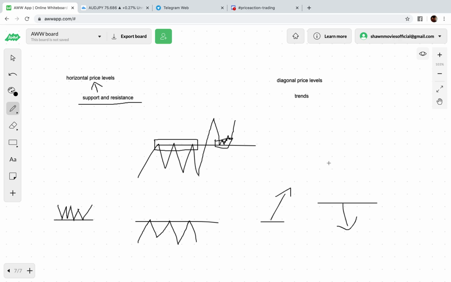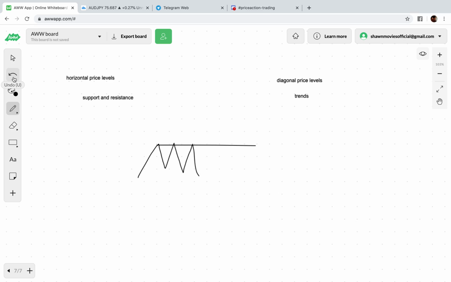So diagonal price levels, or trends. Let me just clean up this chart a little bit. All right, let me put that back in. Horizontal price levels, trends.